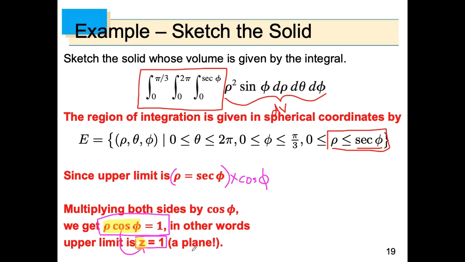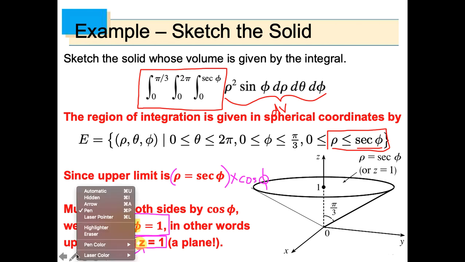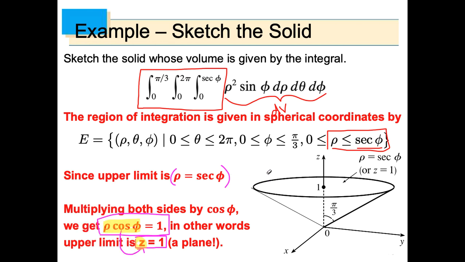So you might think, okay, well, that's fine. That's easy to graph, a plane of z equals 1. But what about these other angles here? Well, just by showing you a picture, I think you can see what happens in this case. I'll get back to z equals 1 in a second. Let's first talk about theta from 0 to 2 pi.